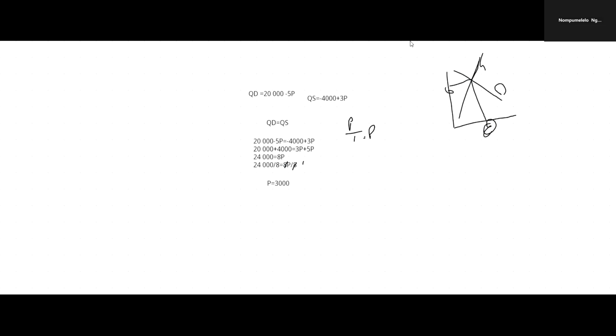Then you can just draw your diagram, because the question says you should also draw the diagram. This is your demand, and then this is the equilibrium price, and this is the equilibrium quantity.